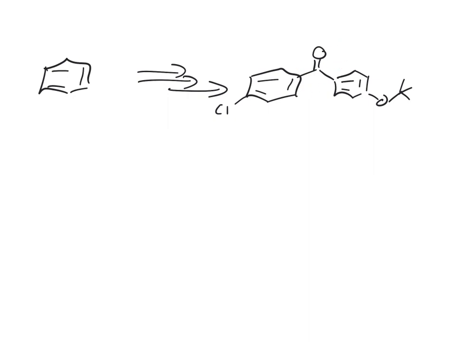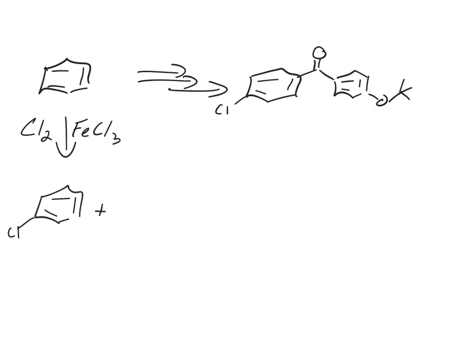So the first thing we're going to do is add a chlorine. We do Cl2, and we could use FeCl3. That's going to make chlorobenzene. And then if we want to add that ketone piece, we could do that with Friedel-Crafts acylation.